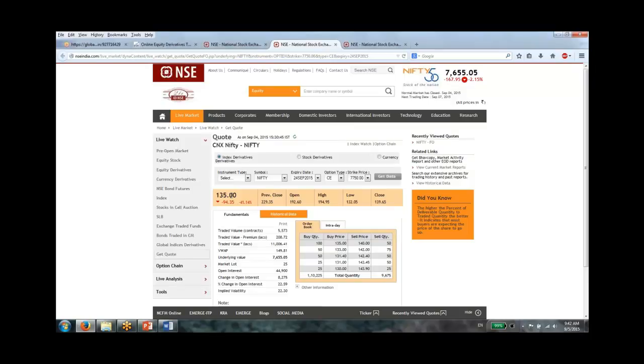Why is that? Because this 135 will decay, as option prices have an inbuilt time value in them. And the more we move towards the expiry, the more the price of the options decreases because of time decay. What Theta essentially tries to do is measure by how much the option price will decay with the advent of time.